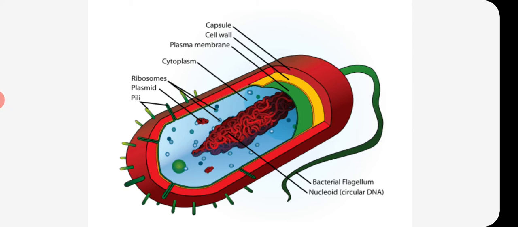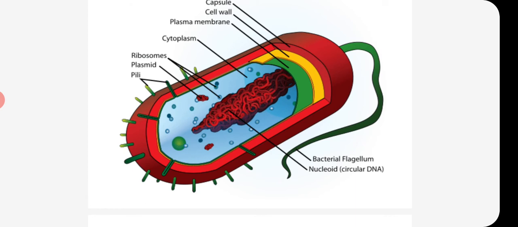This respiratory system is equal to the mitochondria of the eukaryotic cell. And the long mesosomes help in bacterial replication.